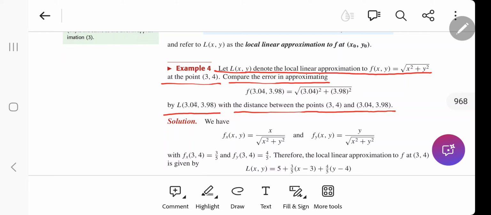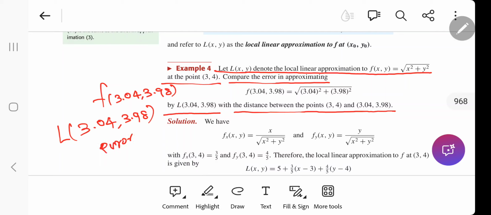There will be an actual value of f of 3.04 comma 3.98 and the approximate value L of 3.04 comma 3.98. When you find the actual value and the approximated value, the modulus of their difference will give an error. You want to compare the error with the distance between these points, as we did in the previous problem. So first we'll find L of x, y.